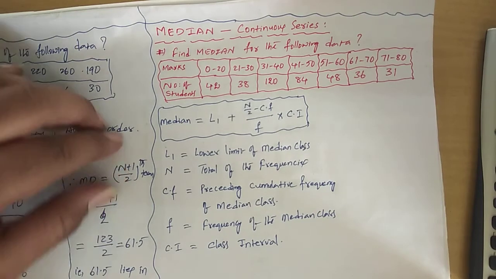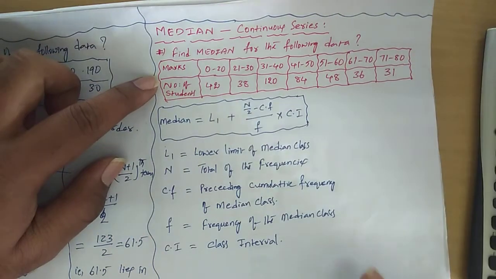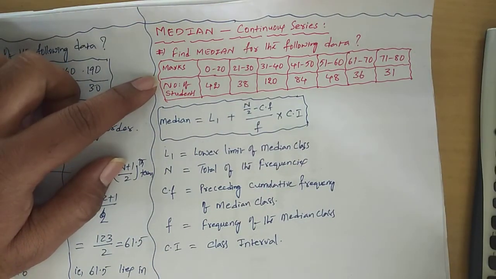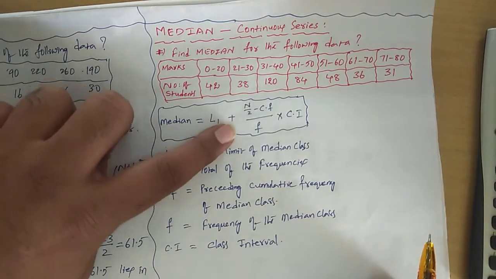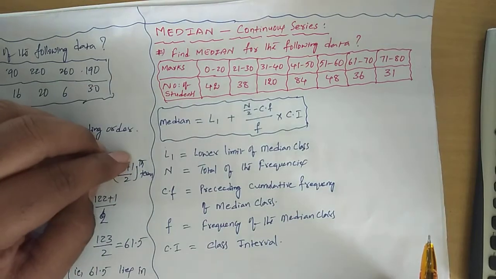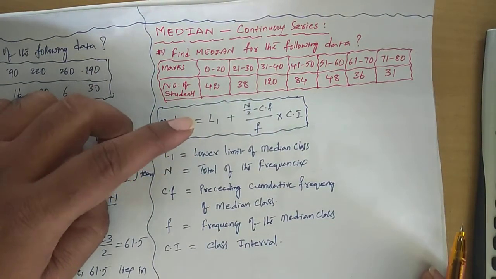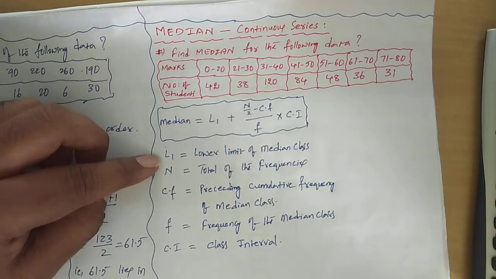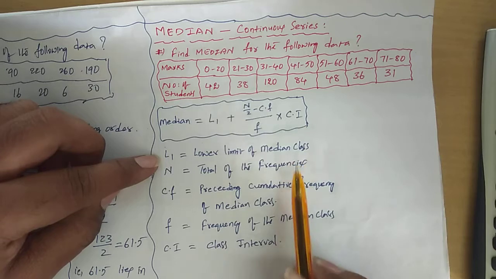Now we are about to calculate median under the continuous series or continuous data. So what is the formula? Median is equal to L1 plus (n by 2 minus CF) by F into CI. What are the meanings of each term here? L1 stands for the lower limit of the median class.